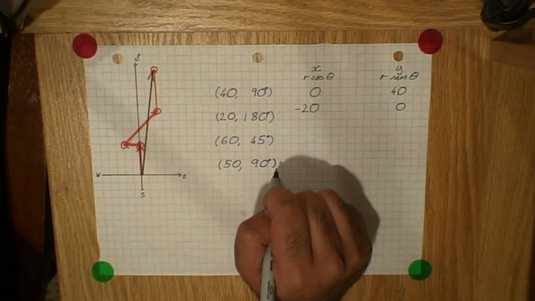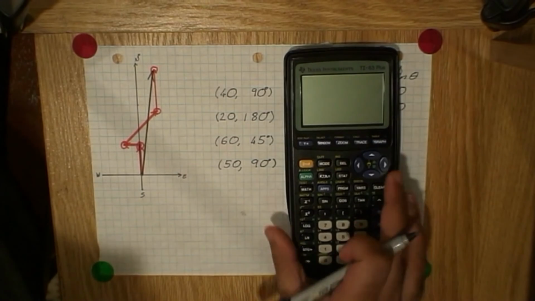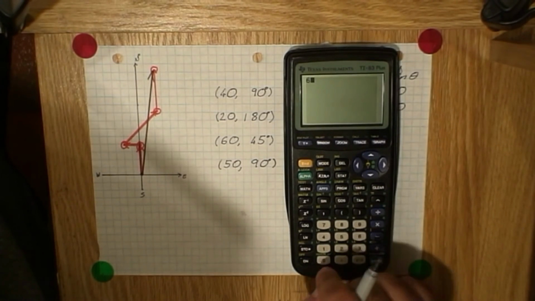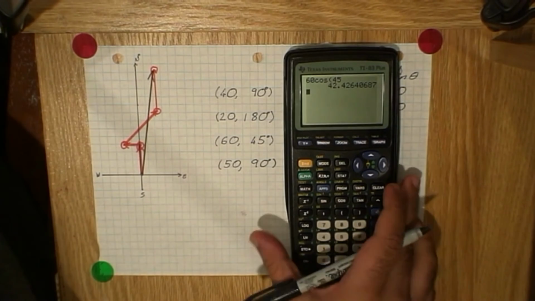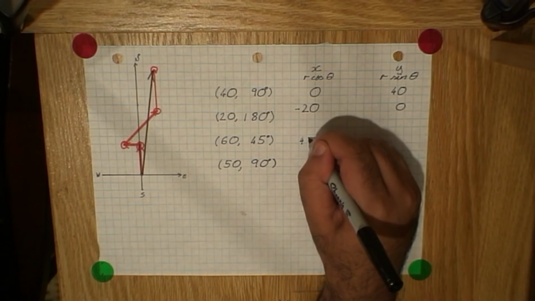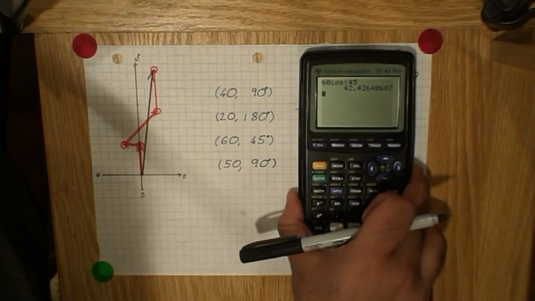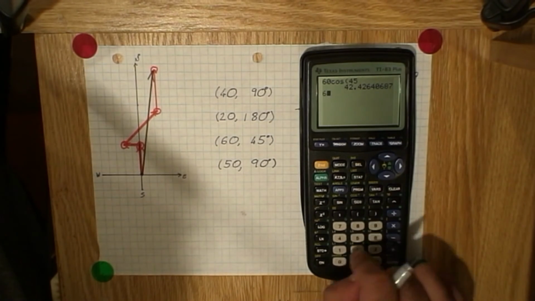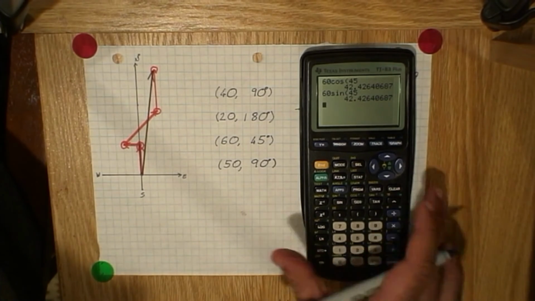This is one where you actually do need a calculator. 60 times the cosine of 45 is 42.43. And 60 sine of 45 is the same thing.